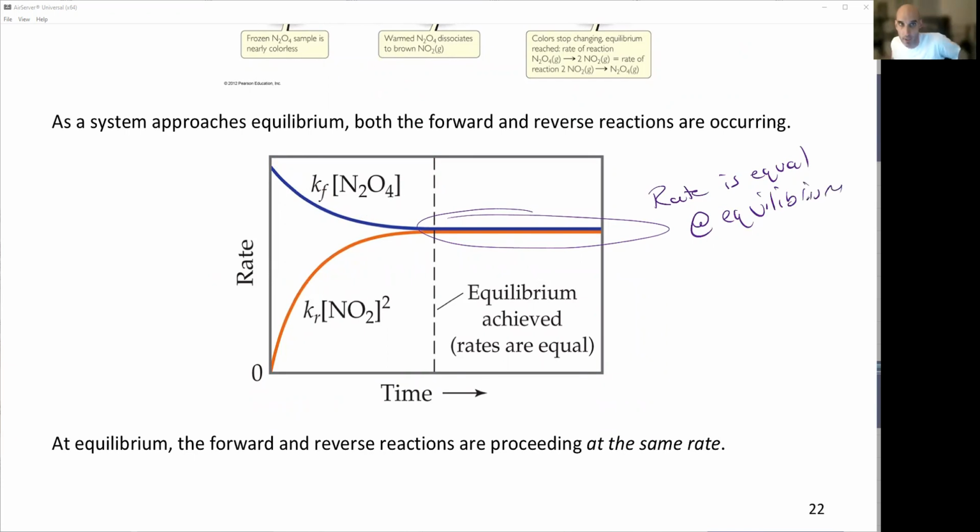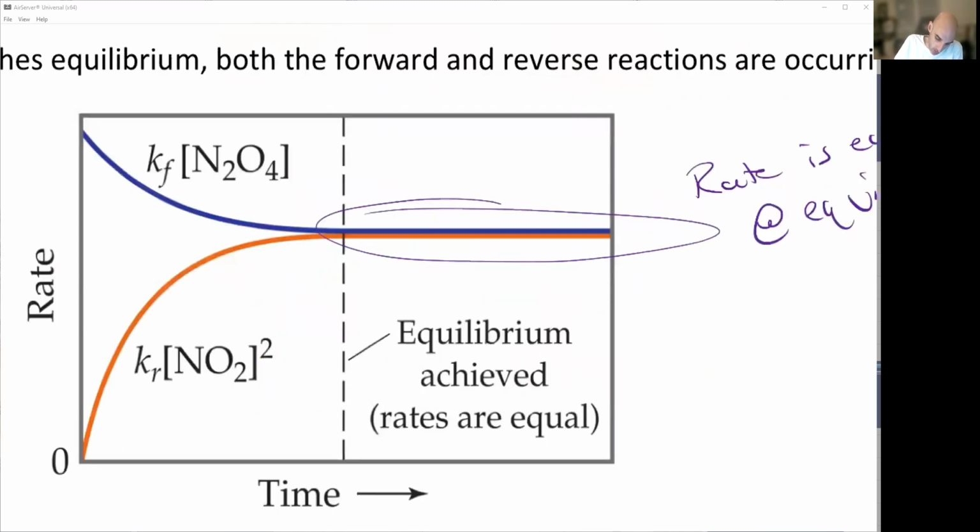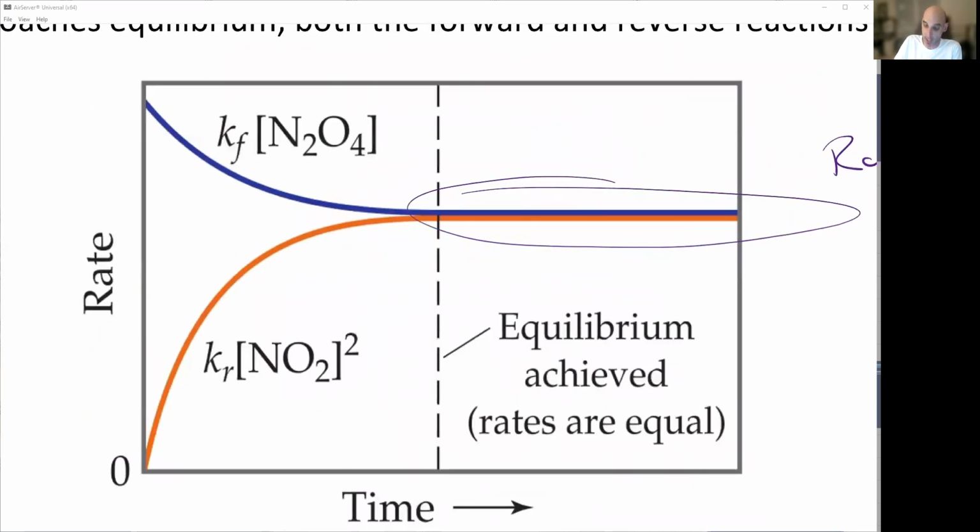So we've created essentially this equilibrium. What we typically say is that before the rates are equal, we have what we call kinetic control. Kinetics are in charge. We still have not reached equilibrium, and we are still having changes in reaction rates.